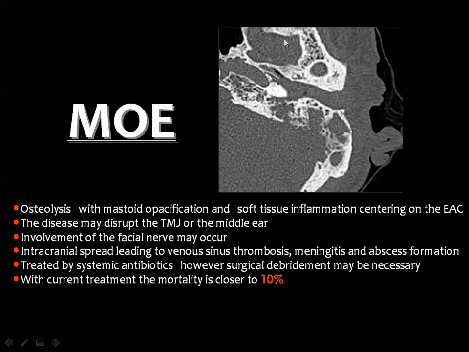This infection may extend deep into the parapharyngeal space. Then you may think of malignant otitis externa or necrotizing otitis externa. And if you inquire about the patient history, very frequently you see that the patient is diabetic.